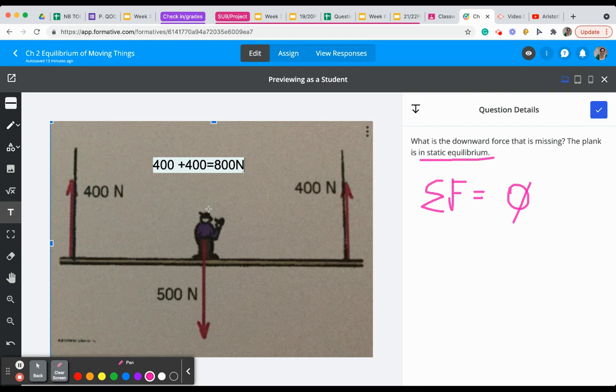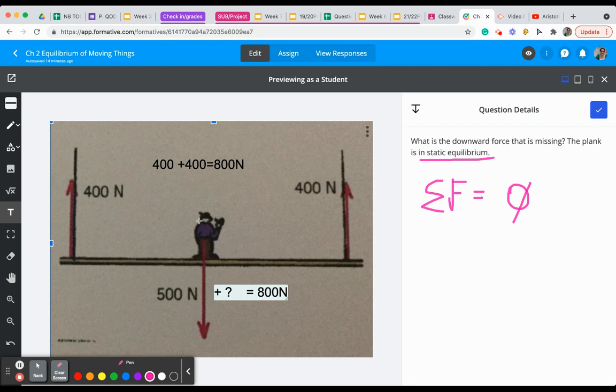The mass or the weight of the man standing on the scaffolding here is 500 newtons. So the question we ask is, if he's 500 newtons plus what equals 800?